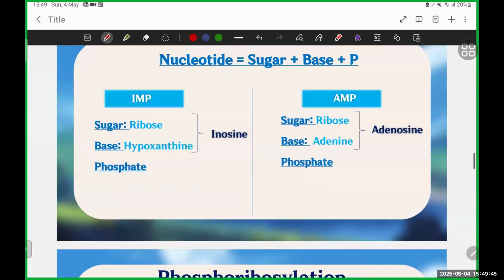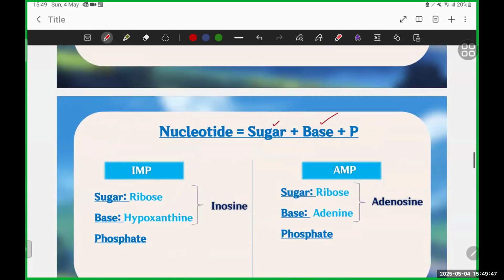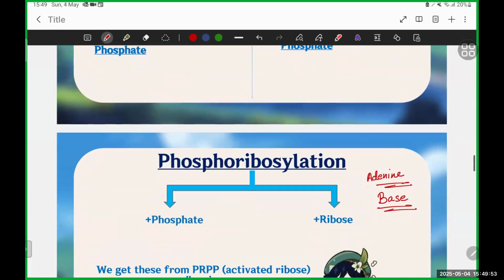And in a nucleotide, you need a base, you need sugar, and you need phosphate. Now, to make this a nucleotide, we need to add sugar and phosphate. So throughout purines, throughout pyrimidines, throughout everything, what we're trying to do is just get three friends together the whole time: sugar, phosphate, and base. They're all just trying to come together.